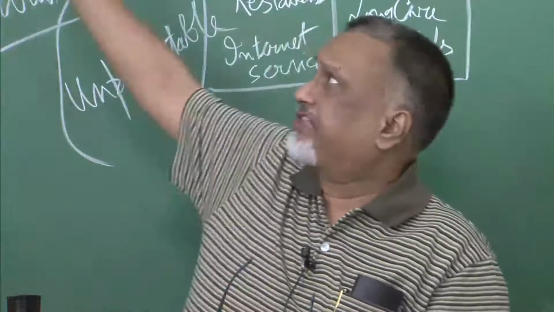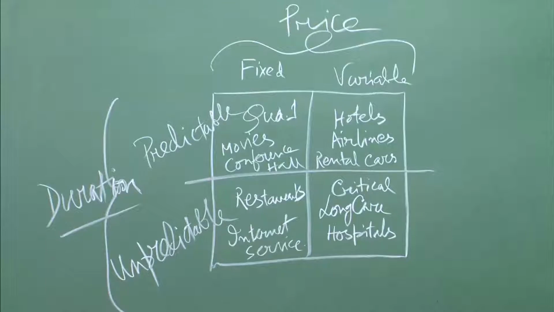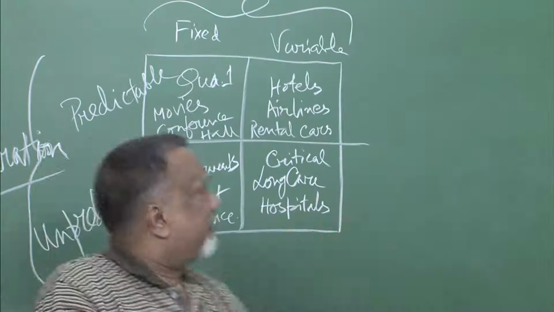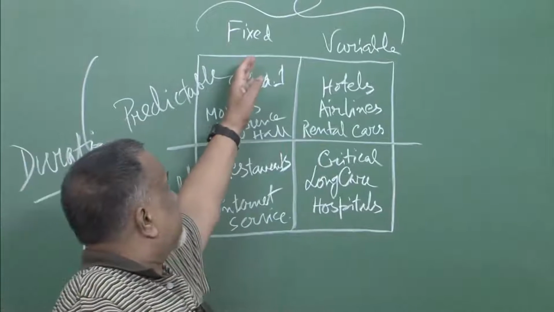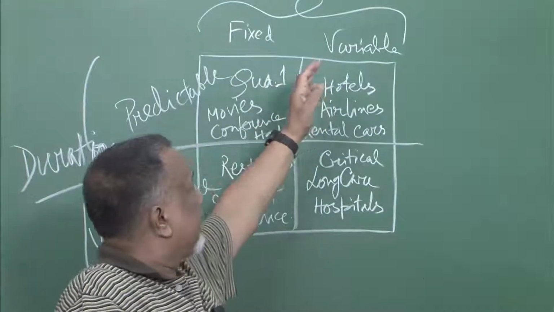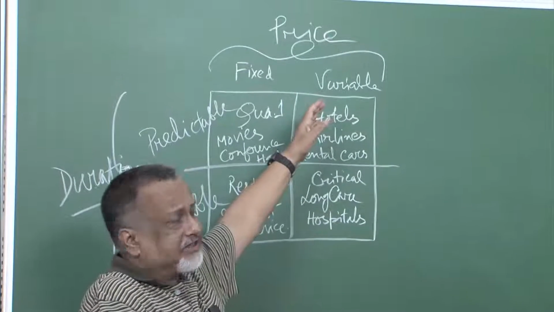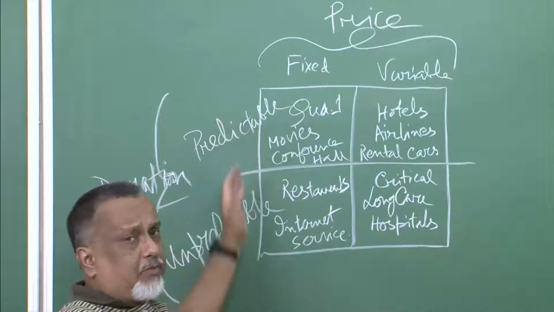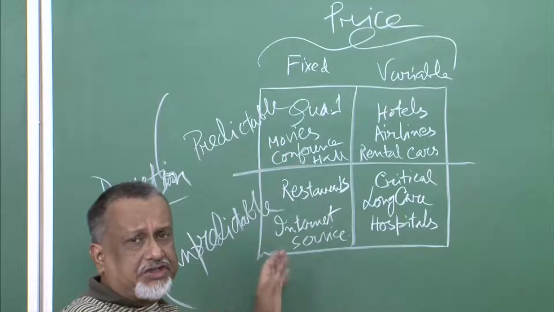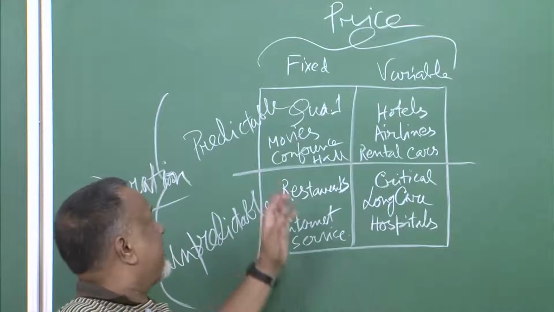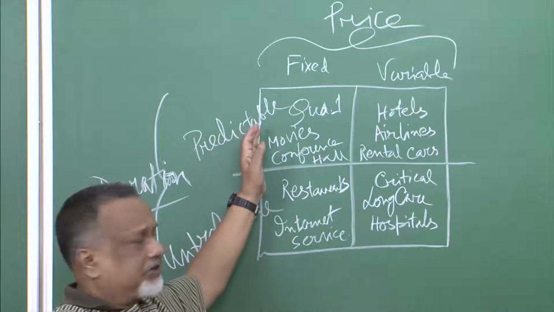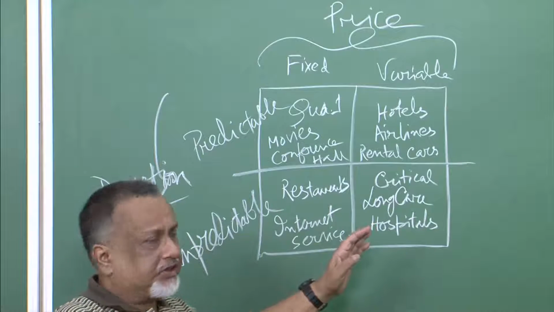Now, on the board you have another set of possibilities. As you can see here, we have fixed price and variable price on the x axis, and on the y axis we have the duration of the service. There we have taken predictable duration and unpredictable duration.